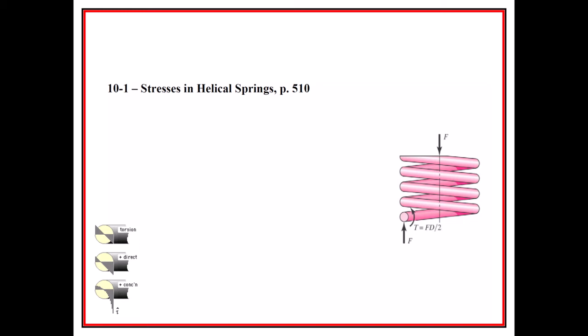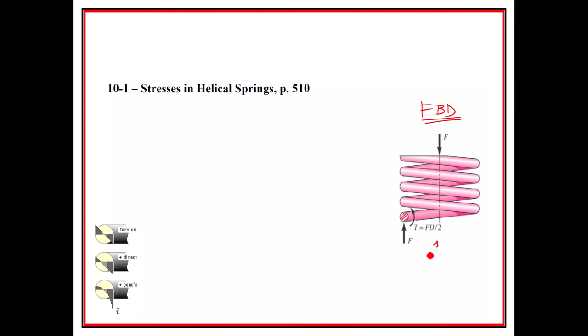And stresses in springs. This is an important thing. So I'm going to do the derivation here that I didn't do in class. We take the stress that's going to happen within a cross section by taking our spring and lopping it off somewhere along the middle, and then taking our FBD of it.